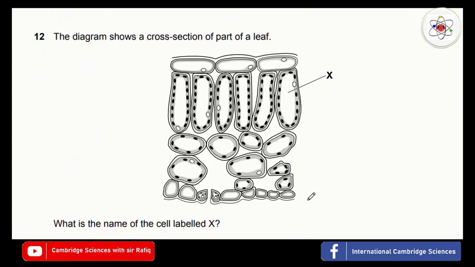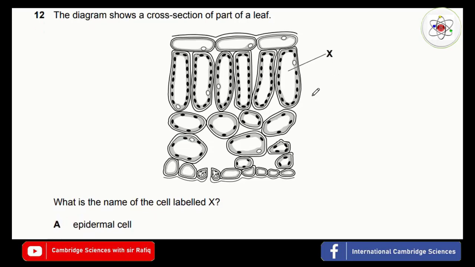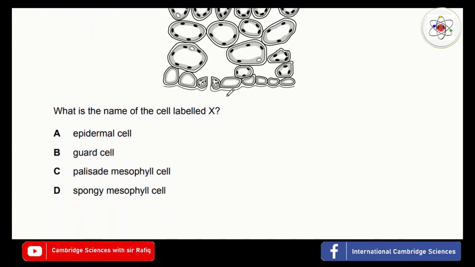Question number 12. The diagram shows a cross section of a part of a leaf. This label is X. What is the name of the cell labeled X?